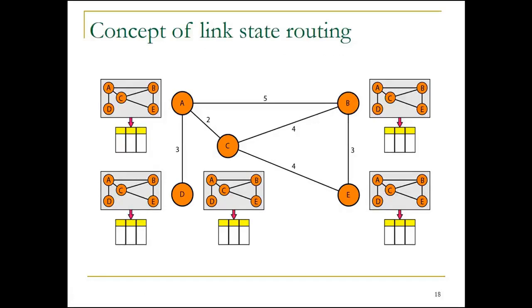And if we're going to implement link state routing using the Dijkstra algorithm, it's very important that node A knows everything about its neighbors as well as its neighbors' neighbors, or basically the link states of all the various nodes from A to E within this given network that we have.